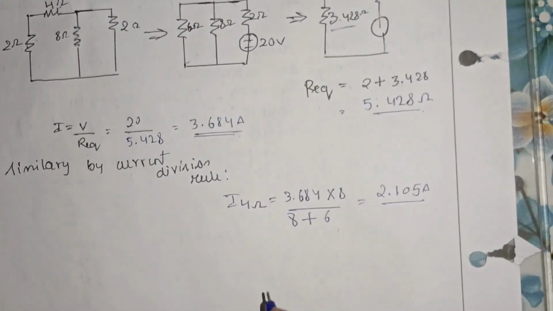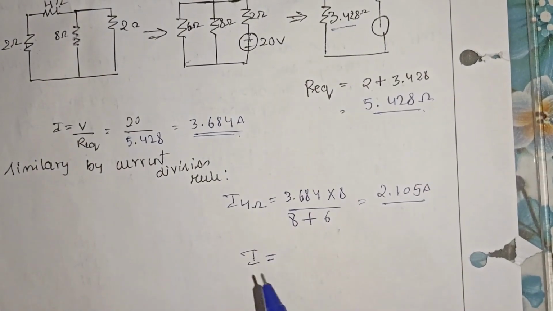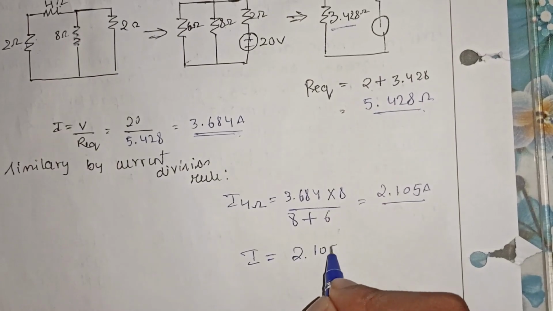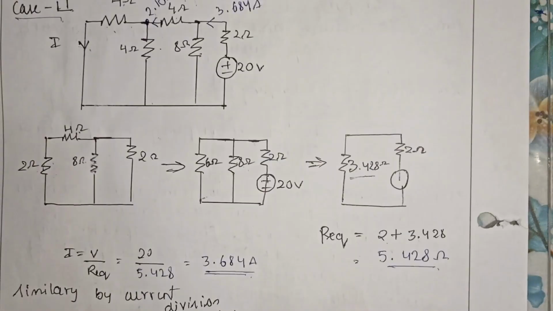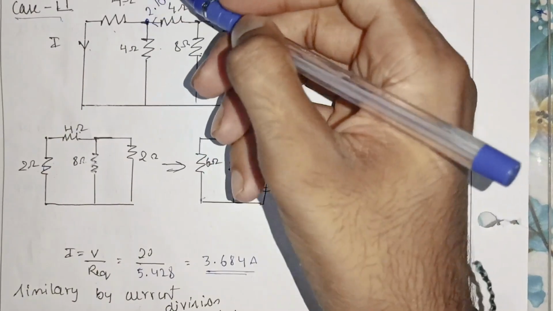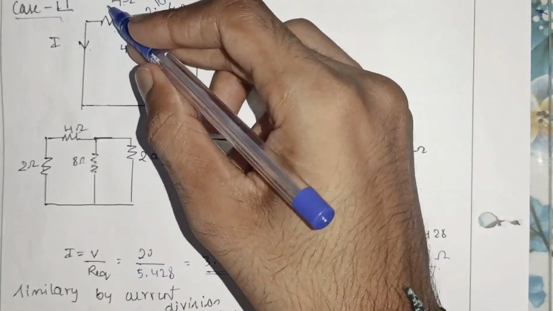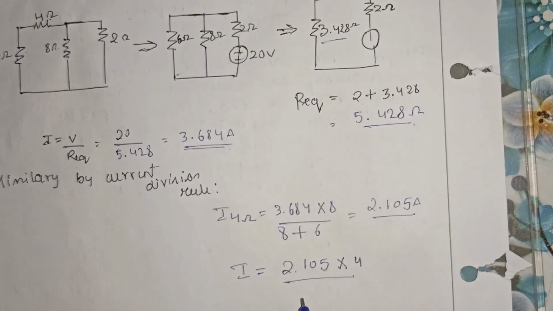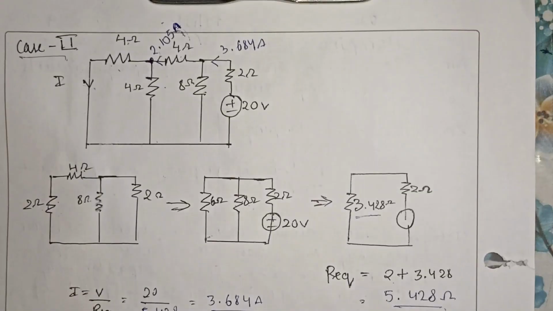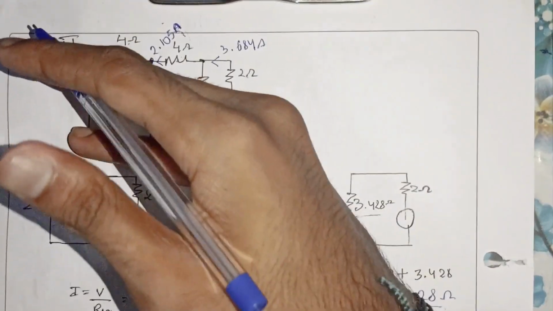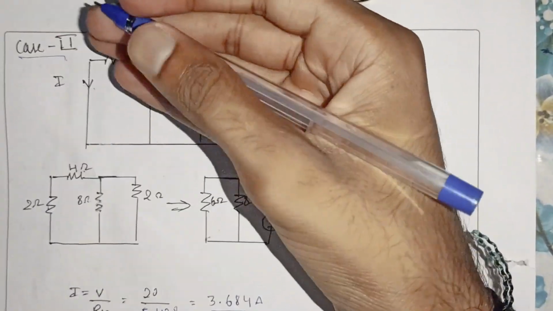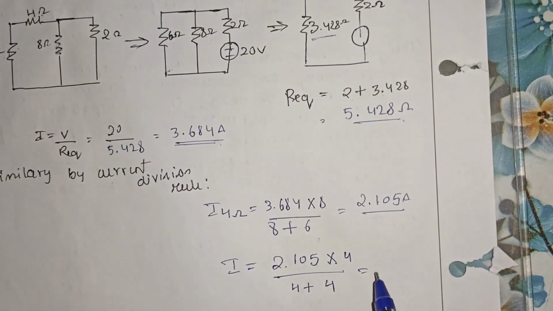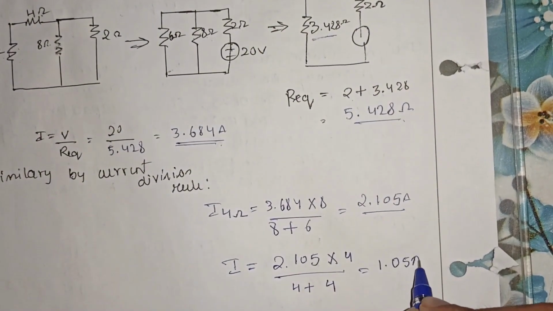So I write the net current I, using I as the sign convention: the main current 2.105 multiplied by the resistance of the other branch, which is 4 ohm, divided by 4 ohm plus the calculating branch, which is 4 ohm, since there are no other branches in this network. So you obviously get it as 1.05 ampere.